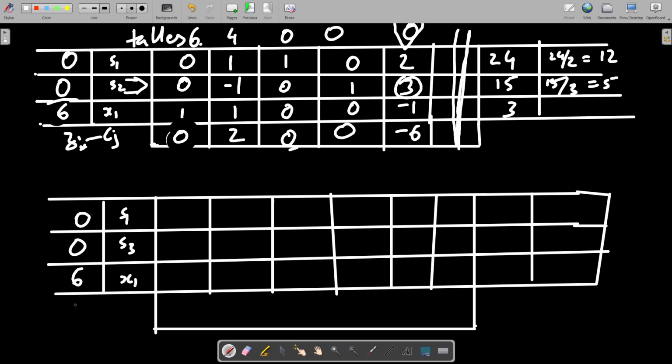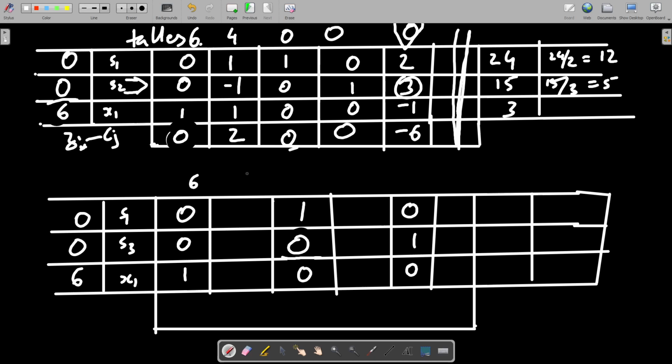Both these people have cos 0, this is cos 6, 0, 0, 1, zero, and now S3 is going to be the... okay.